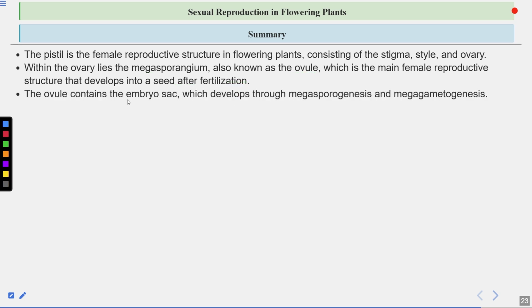The ovule contains the embryo sac, which develops through megasporogenesis and megagametogenesis. There is formation of megaspores through megasporogenesis.